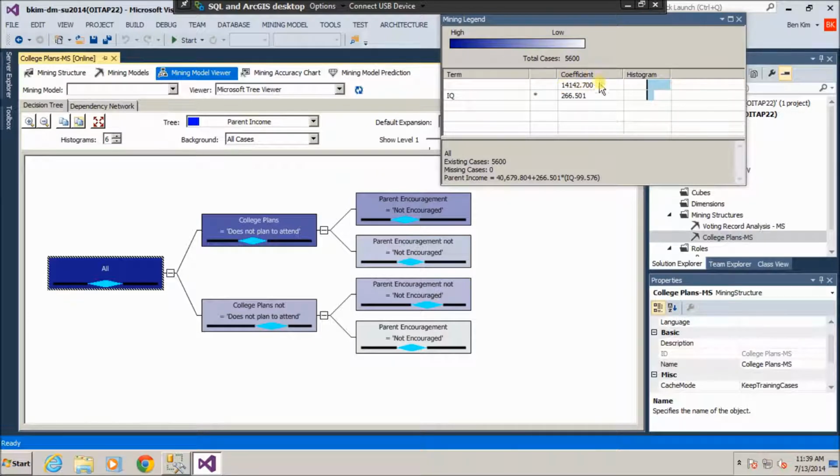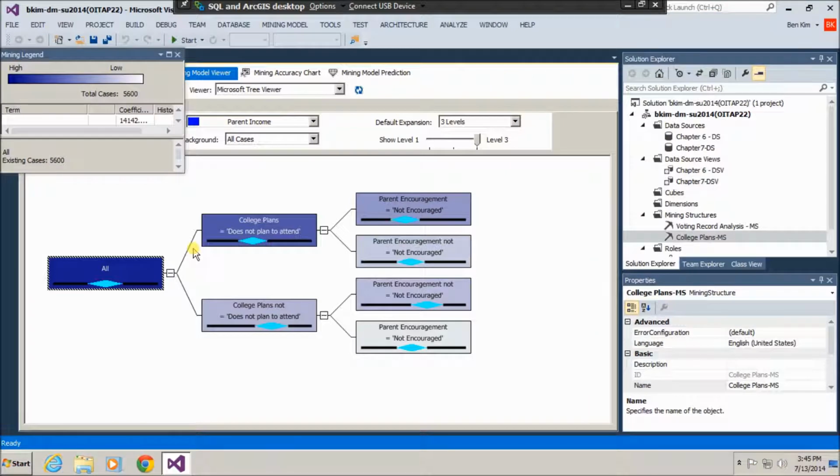This one is the intercept, basically a y-intercept, and this is the coefficient for IQ. IQ is an independent variable, and parent income is a dependent variable. So you can say parent income is equal to 14,142.700 plus 266.501 times IQ plus error.